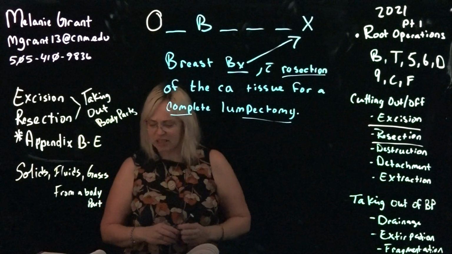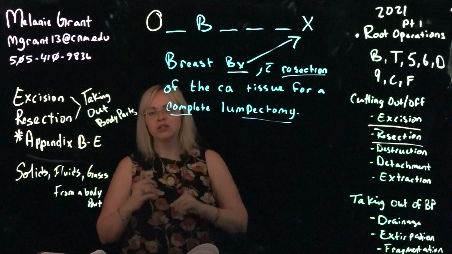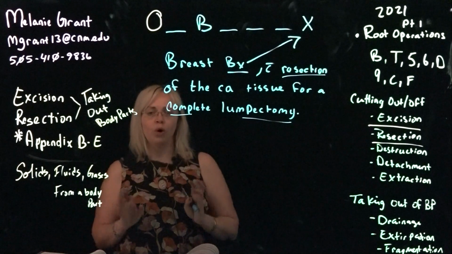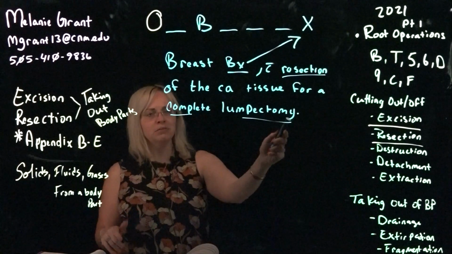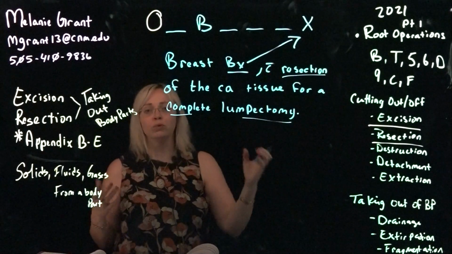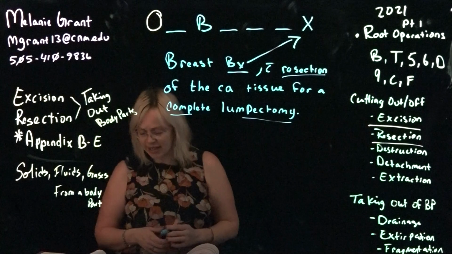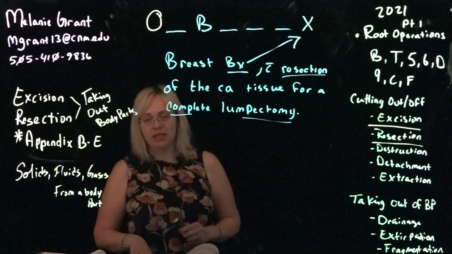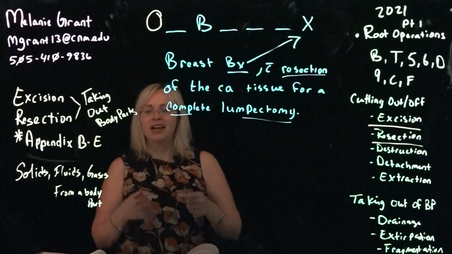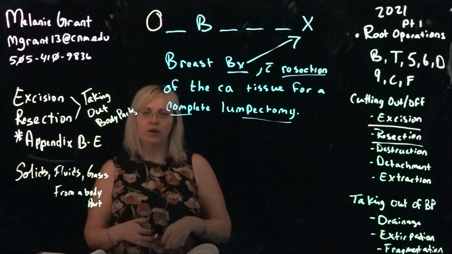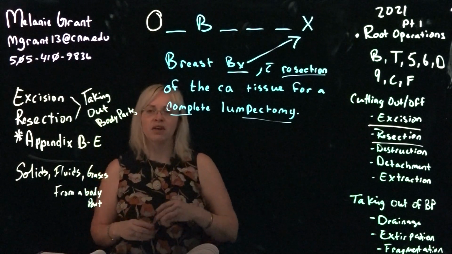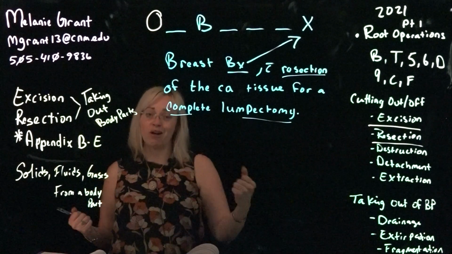The difference here is from a body part versus a body part. So always keep that in mind. A lumpectomy is part of the body because it grew within the body. It's part of the body, breast tissue, whereas a thrombectomy is going to be something that is floating within the body. Okay, so that's a big difference of being part of the body or coming out of the body.